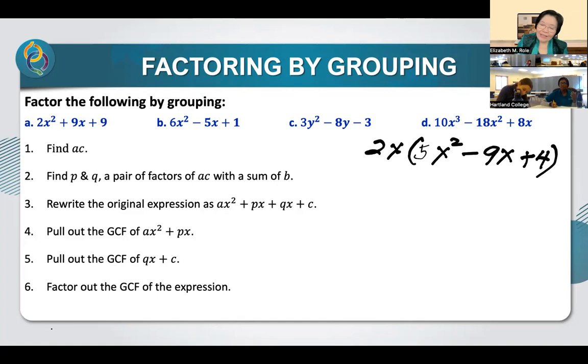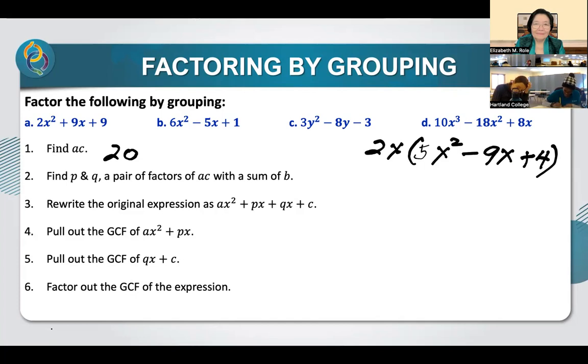5 times 4 is 20. What are the factors of 20 such that when you add them, they will give you minus 9x?